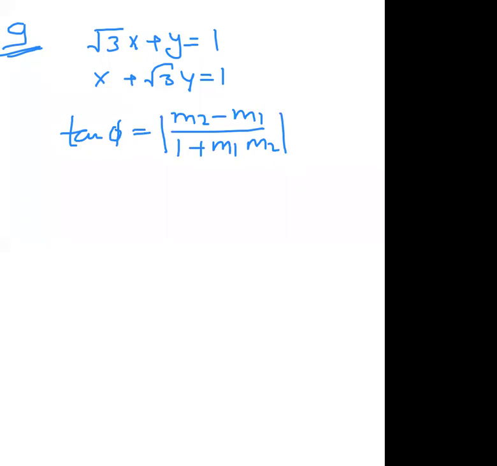Now, what will be the value of m1 and m2? m1, slope is minus a upon b, that is minus root 3 upon 1. Slope of the line in this is again minus a upon b, that is minus 1 by root 3.